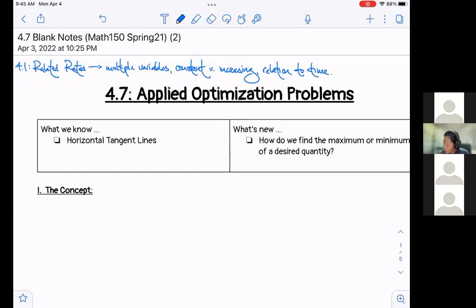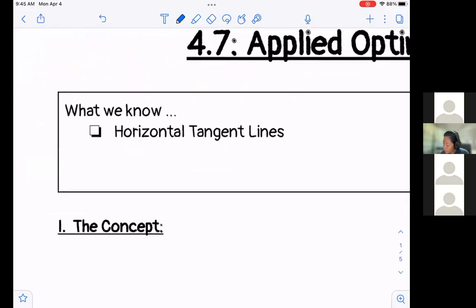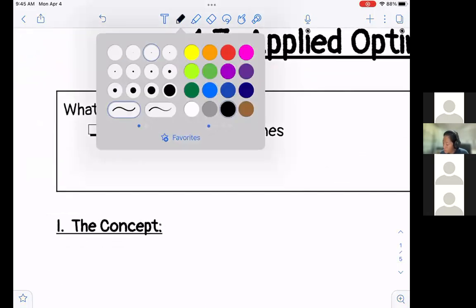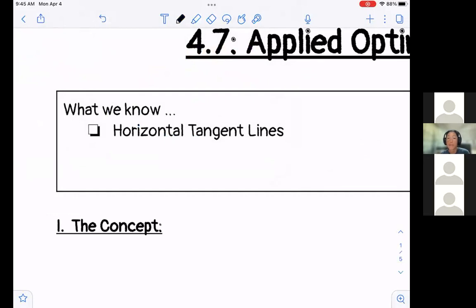All right, so let's go back to some things that we know. One of the things that we've seen quite often is a phrase called horizontal tangent lines. I'm wondering if you can tell me what's so special about a horizontal tangent line. Nice, it does in fact mean a slope of 0.